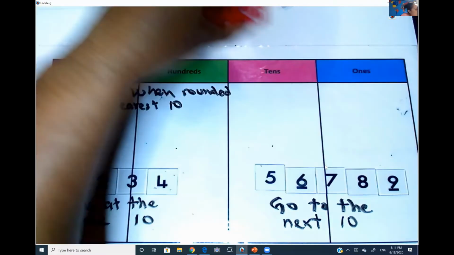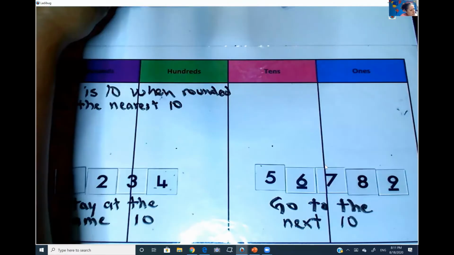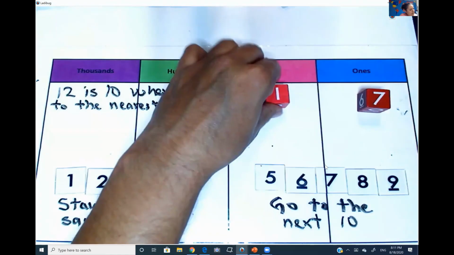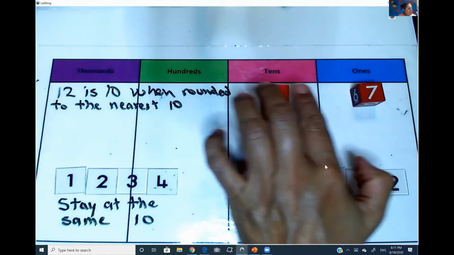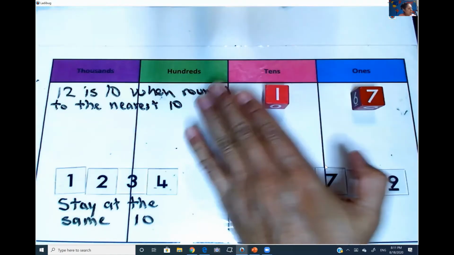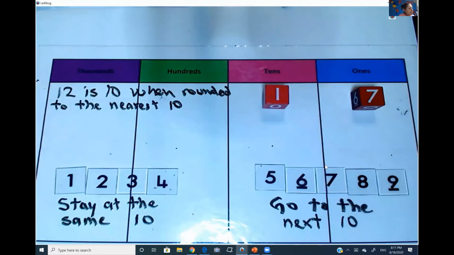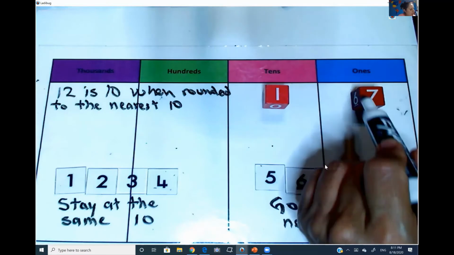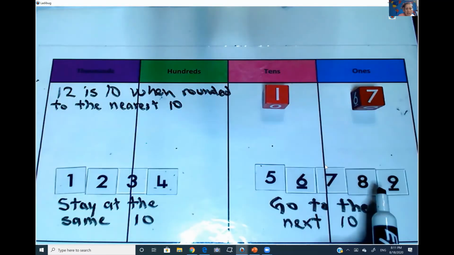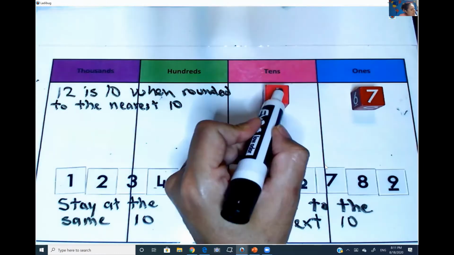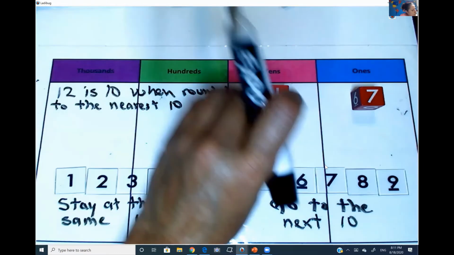Now let's do another number. This time I'm going to have number 17. Now 17, the first 10 I have is 10, and the next one is going to be 20. So 17 is between the 10 and the 20. So let me see what my last digit is. My last digit is a 7, and 7 is on this side. So that means I'm going to go to the next 10. So if I have only one 10, the next 10 is going to be 2 tens.